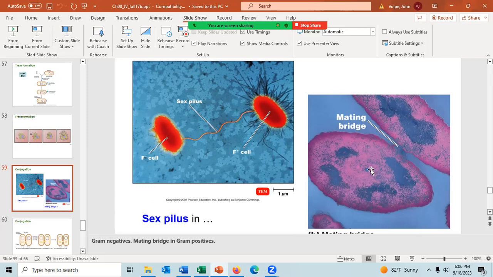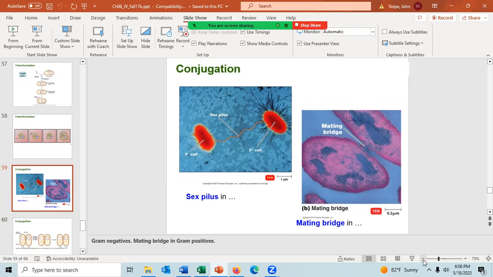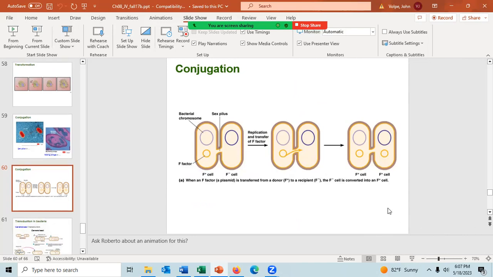And then DNA from this cell can move into that cell or vice versa. And usually it's a plasmid that moves from this cell into that cell, but it doesn't have to be. It's just DNA moving from this cell to that cell. The point is, we call this a mating bridge, and that's the way that gram-positive cells can go through sexual conjugation. Let's talk about it in a little more detail.